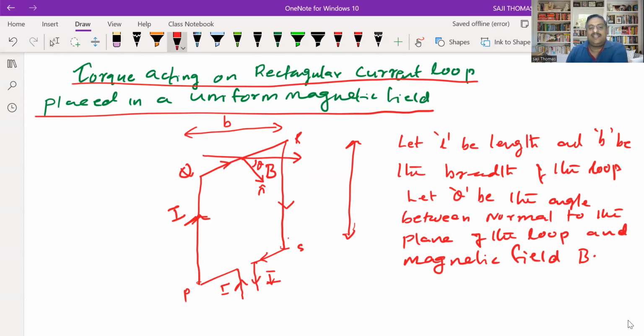This current is in the positive y direction, upwards through PQ. So force on PQ is BIl sin theta. You know the equation.